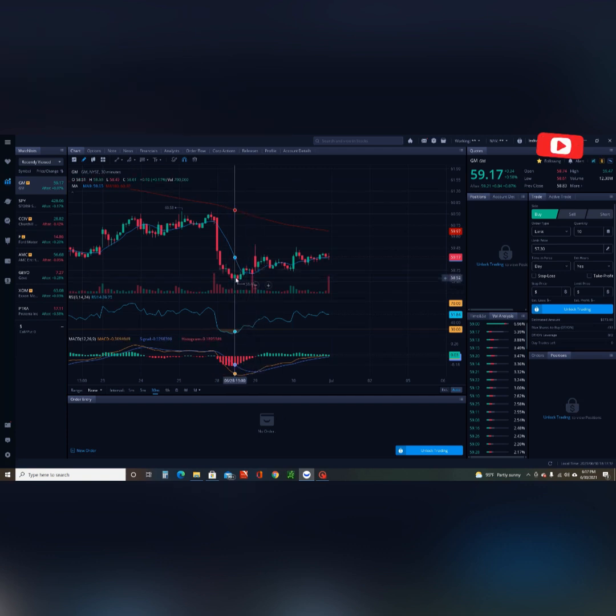We see some higher lows and some higher highs up here, so we would consider possibly seeing a good opportunity to get into a trade.